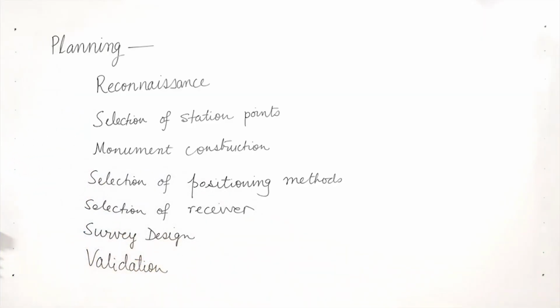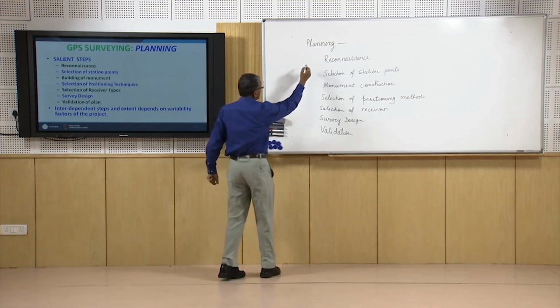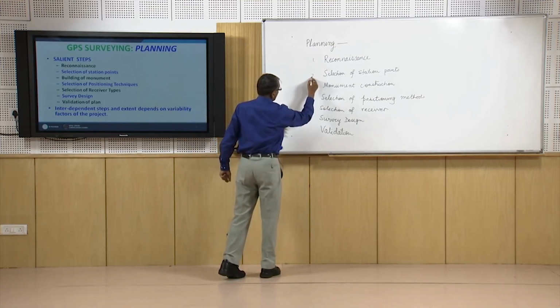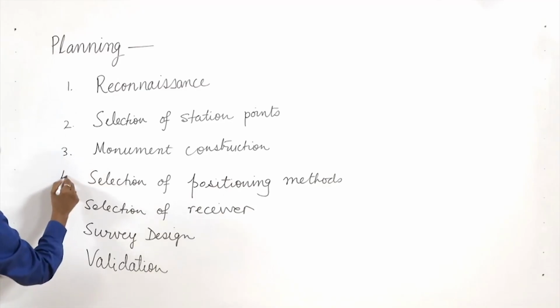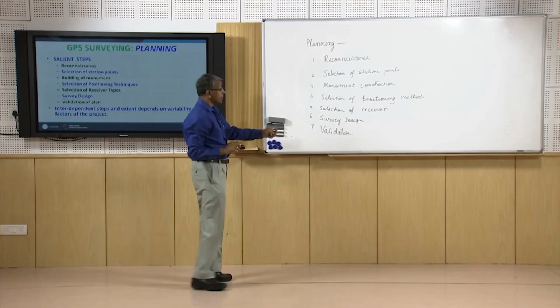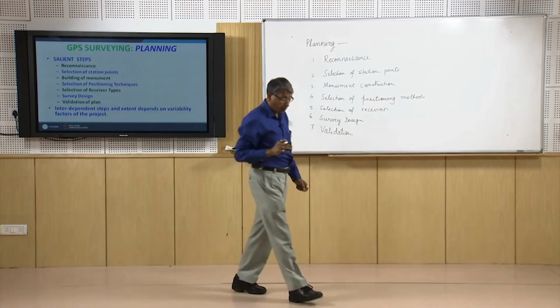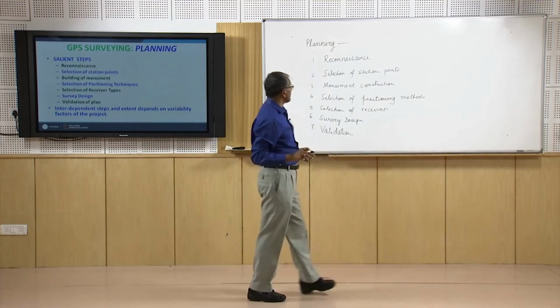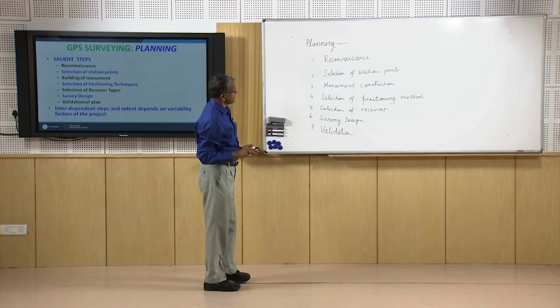So these are the seven steps which we need to follow during planning operation.